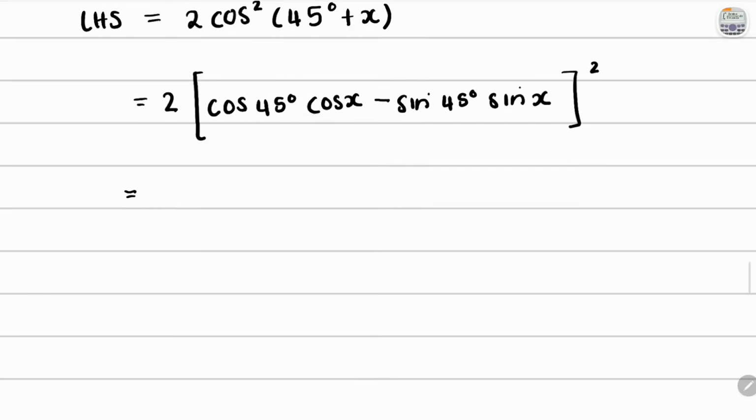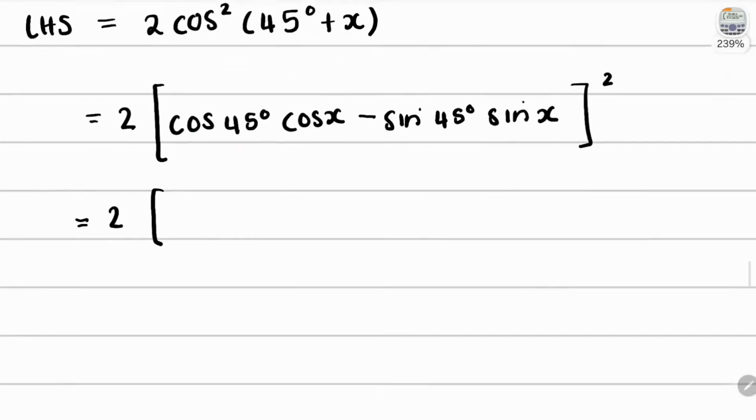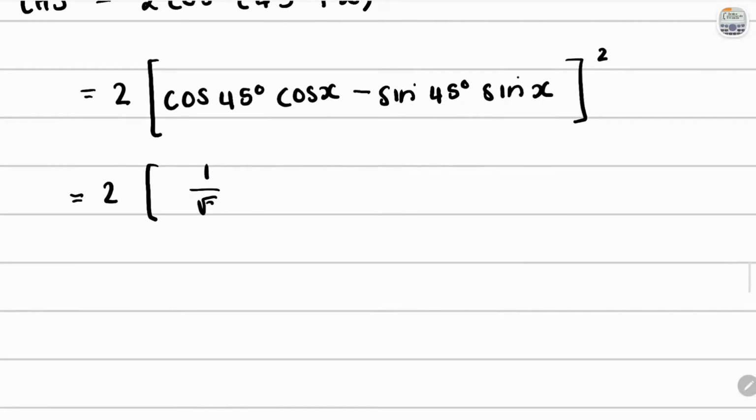And now let's just see how this simplifies. So we've got cos 45 degrees, which we already know becomes 1 over square root 2, and then it multiplies to the cos x. Okay, so they're just repeating the same thing again. We know that cos 45 is 1 over root 2, and then it's going to multiply with cos x.